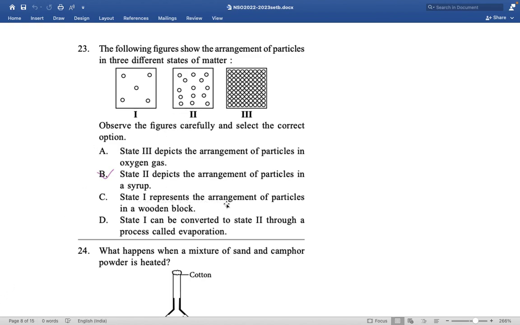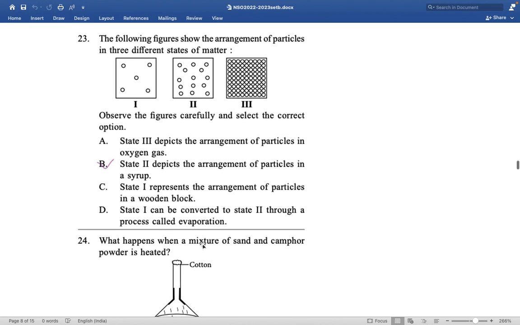State 1 represents the arrangement of particles in a wooden block. A wooden block is a solid, which is state 3, but here they are mentioning state 1, which is a gas. State 1 can be converted to state 2 by a process called evaporation. No, this process is called condensation.